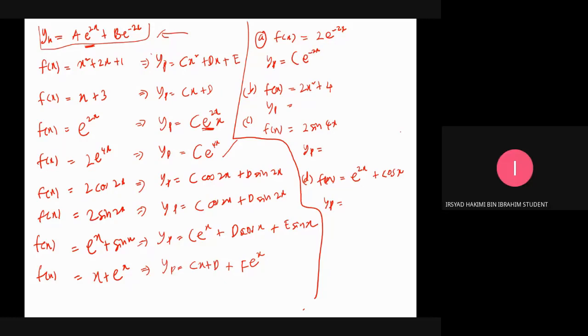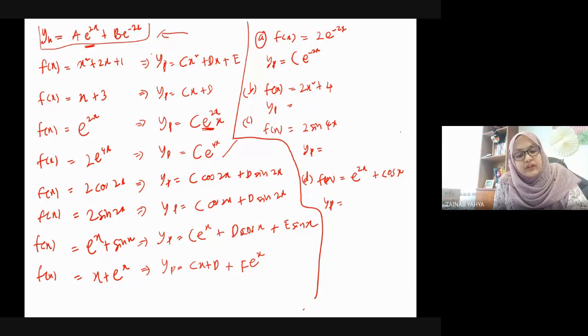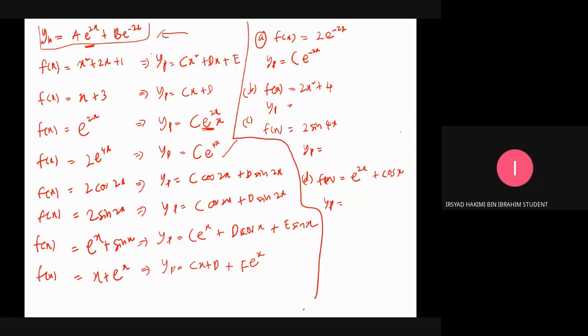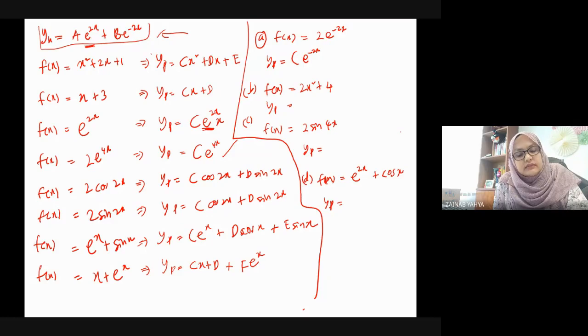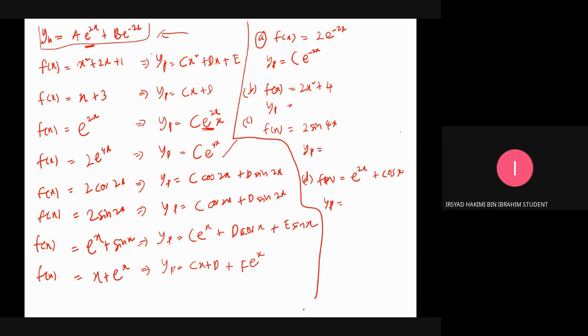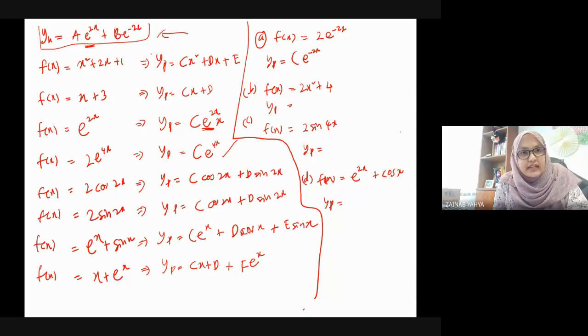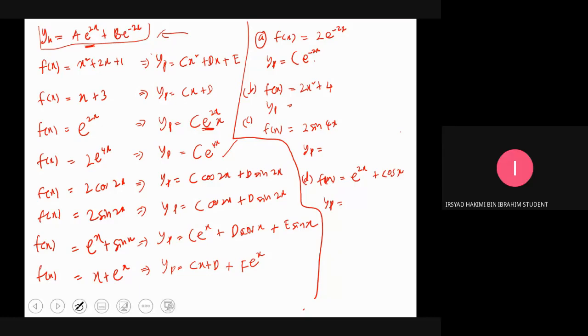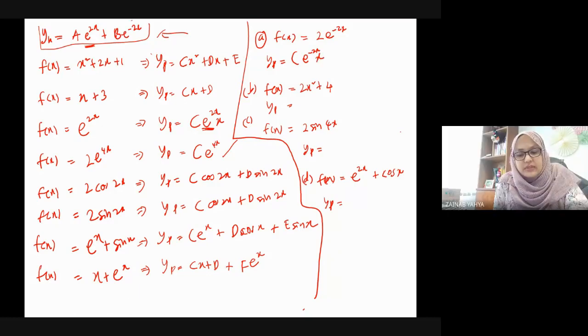Are you sure? Compare with the yh. Is there any similar term? It's not just that, we multiply by x. Because it's similar here, we also have exponent negative 2x there. So now when we multiply by x, it's different. Okay, thank you.